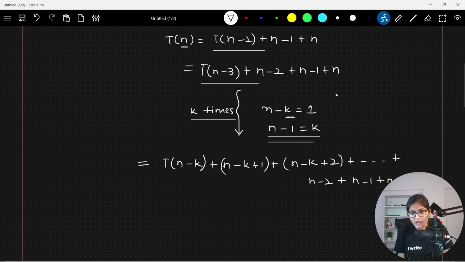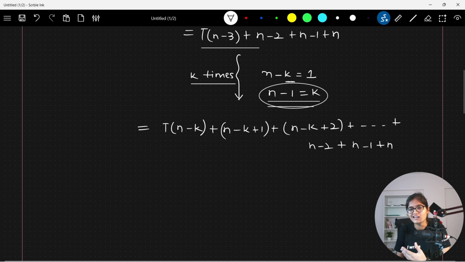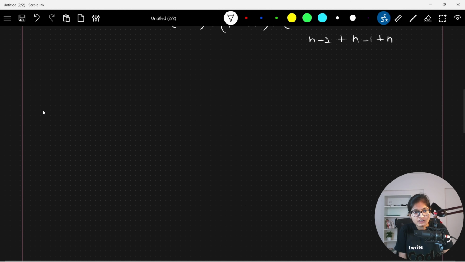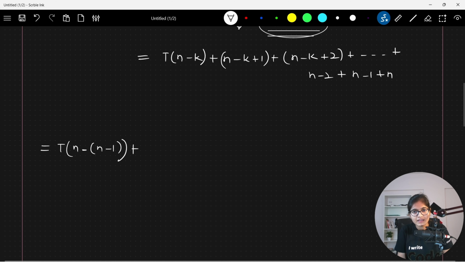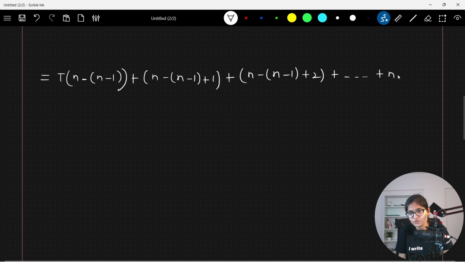Now we know the value of k, so we will place k as n minus 1. We can say that t of n minus k is n minus 1 plus, n minus 1 plus 1, plus n minus 1 plus 2, and so on, until we get n minus 2 plus n minus 1 plus the value of n, right?